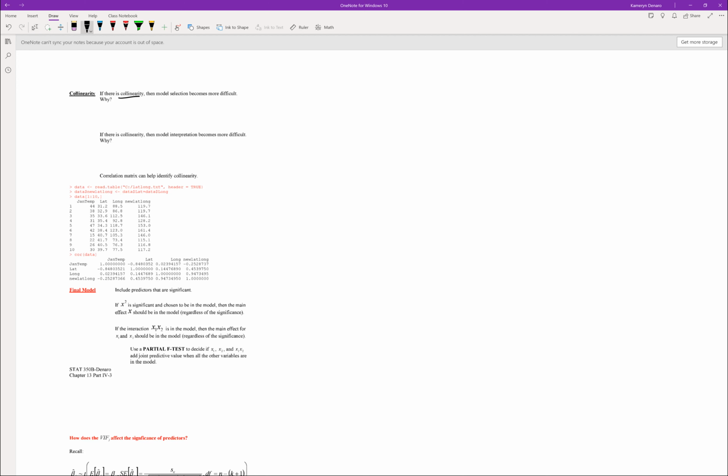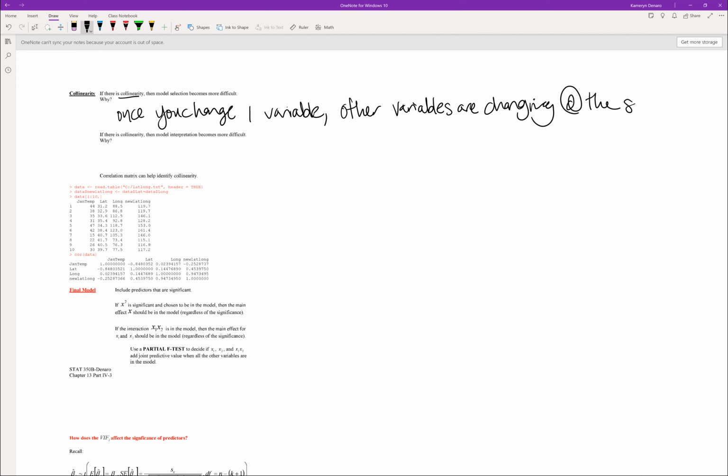But if you have collinearity, once you change one variable, other variables are changing at the same time. And so the interpretation of the linear regression model no longer holds. This interpretation becomes more and more difficult.